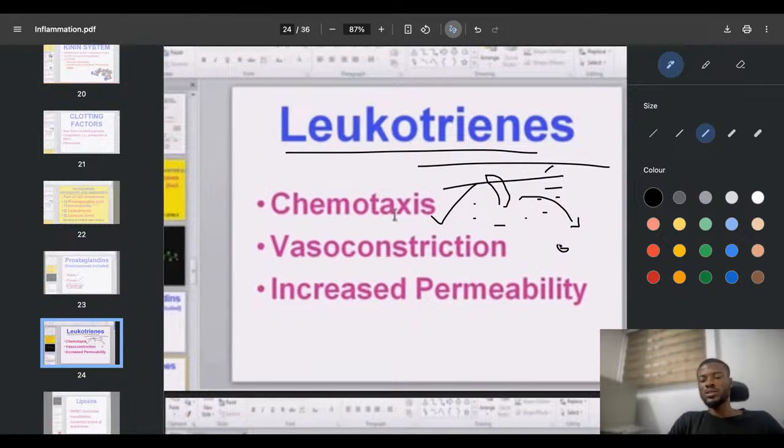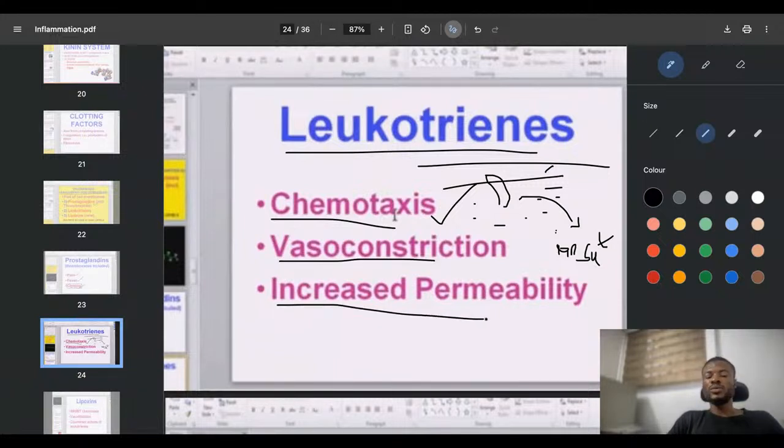Insult. They can go to the place of insult, whether it's an infection that is causing the insult, or some cut or some necrosis that is happening. So it is the leukotrienes that cause what? The chemotaxis, and also vasoconstriction, and also play roles in increasing the permeability.